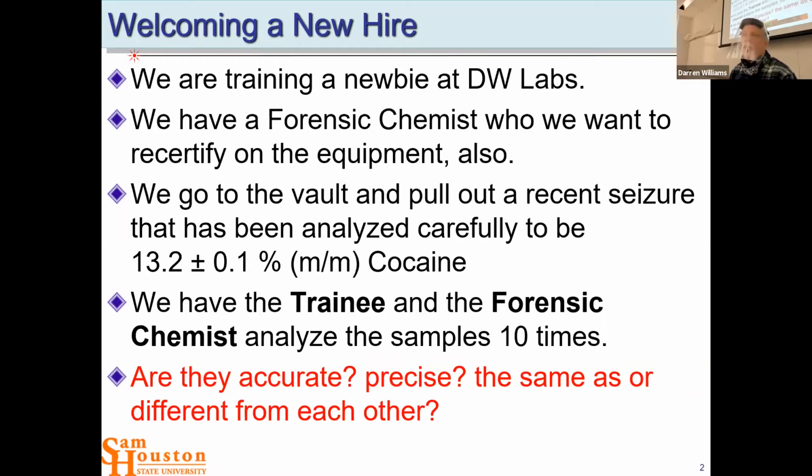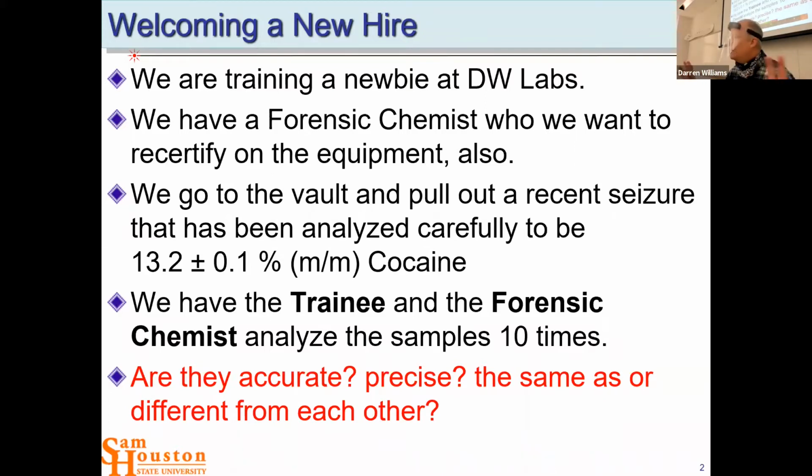Either it's a library standard, or we have enough experience with this library sample that we have the average and standard deviation of all of our previous measurements. So that's what we would call the true value, although the word true value is difficult to use because we really don't ever know the true value. We have the accepted value. We're accepting that that value represents this cocaine sample.